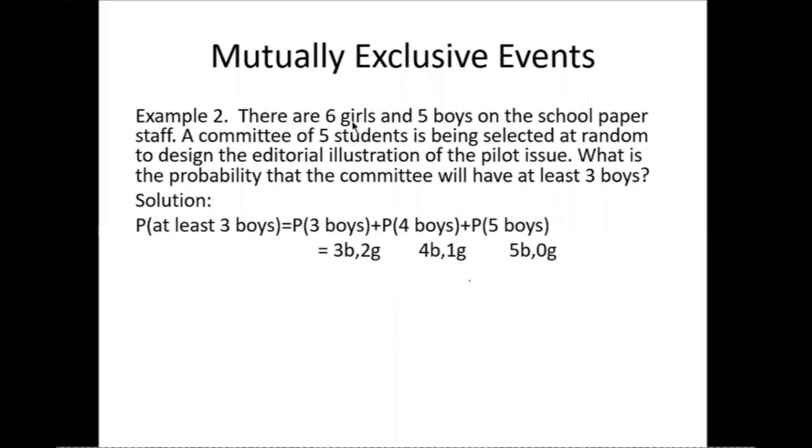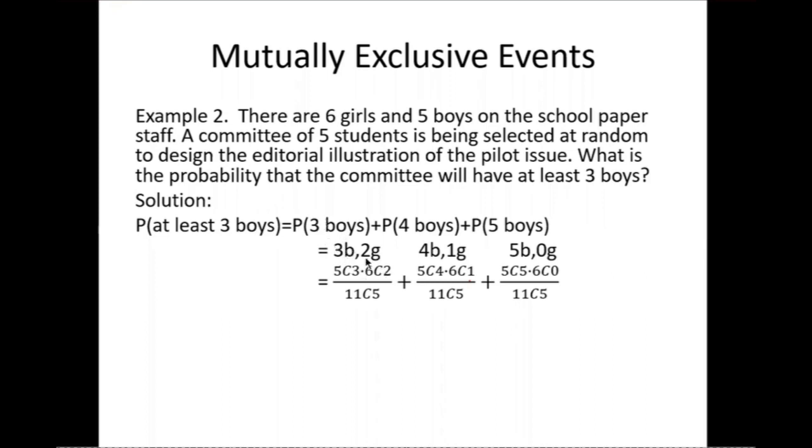Kasi diba 3 boys? So kulang pa, kasi ang bubuuin natin ay committee of 5 students. So kung meron ng 3 boys, para mabuo yung 5 students, pwede pa magsama ng 2 girls. Then sa 4 boys naman, kailangan pa magsama ng 1 girl. At sa 5 boys, wala nang kasamang girl. So we have the 5 combination 3 para sa ating 3 boys out of 5, di ba?